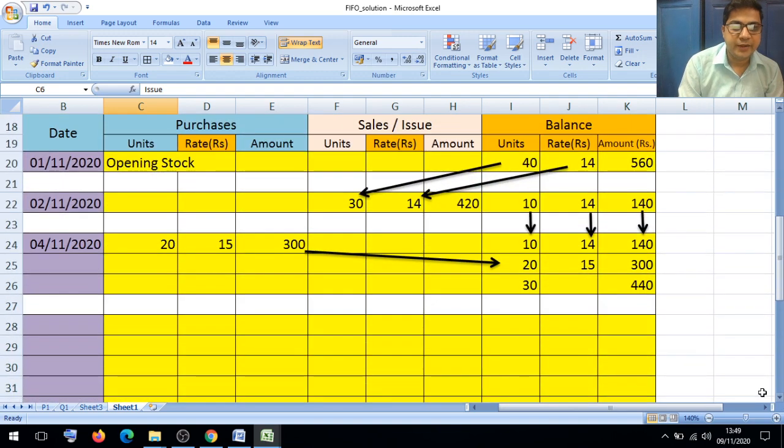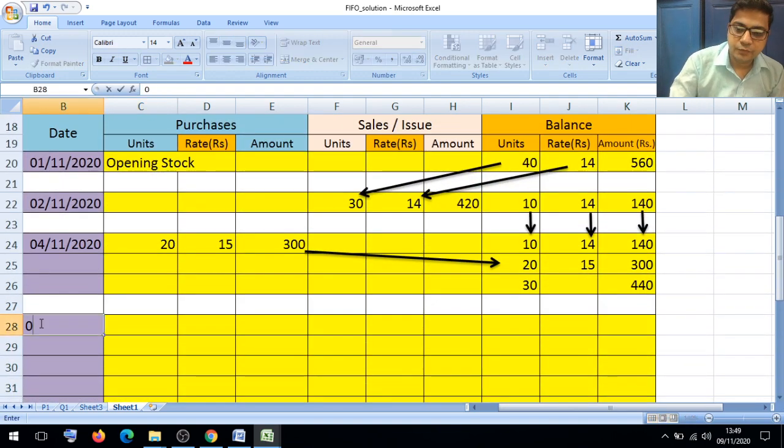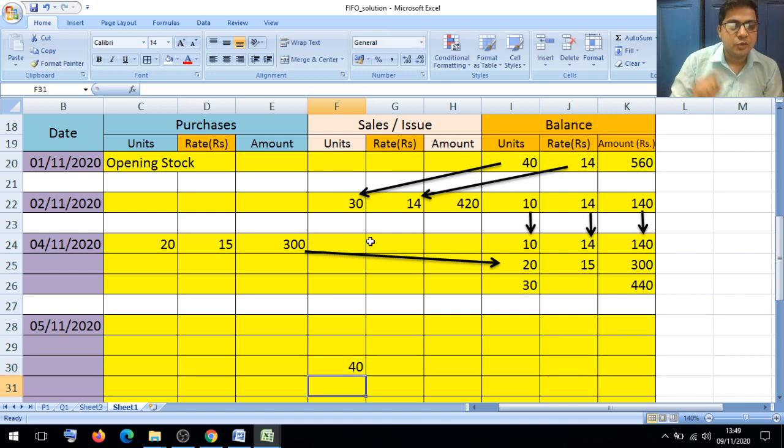We have to write 5th November. Now, they want to issue how many units? In the sales or issue column we have to write it. They want to issue 40 units. Now our method is the first in first out method. Those who were purchased first are sold first. The rate 14 units were purchased first, then after that we purchased new units at the rate 15.